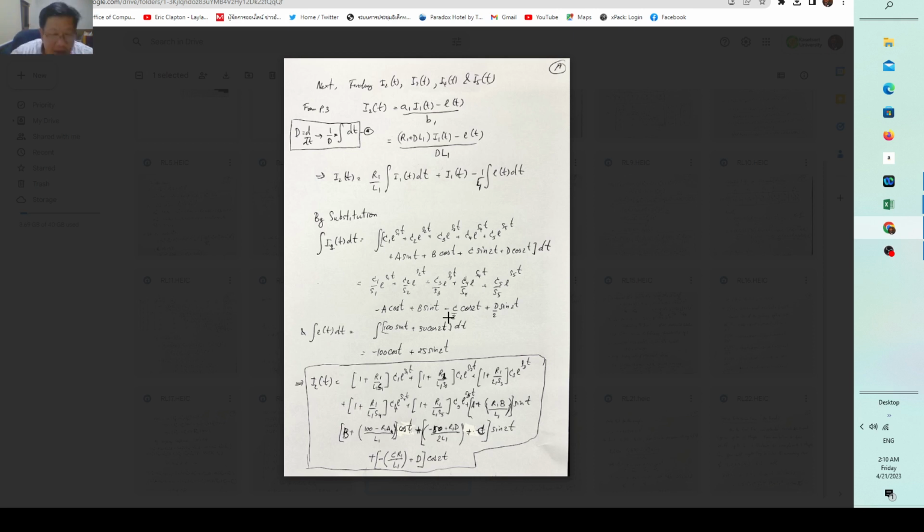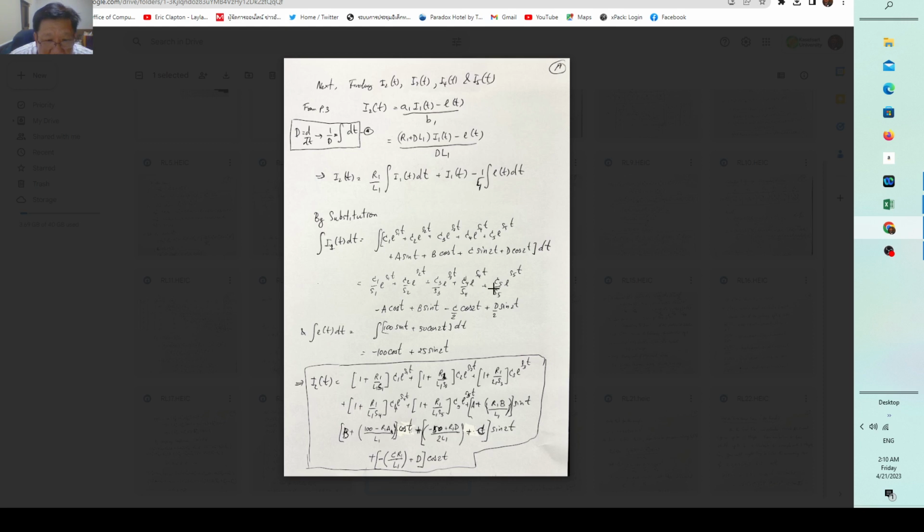So I'm not going to go through this. This is a direct, simple integration, term by term. So now you get the term of integration of I1, which is this term, and you already know I1 is here.